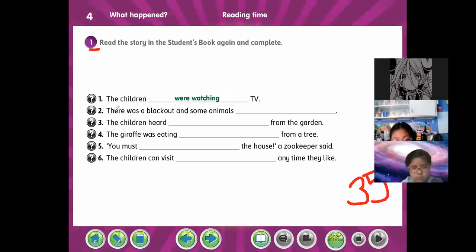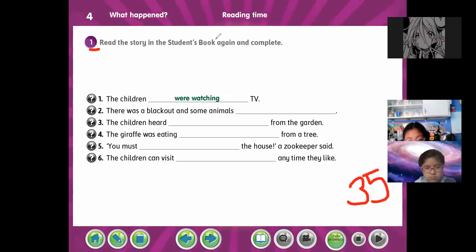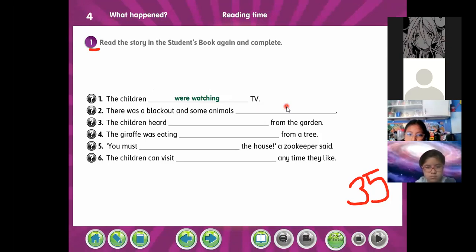2. According to the story, there was a blackout. Yes? And some animals. What's the matter with the animals? Oh, good. Yes. Escaped. Good. Then the children heard, listened.